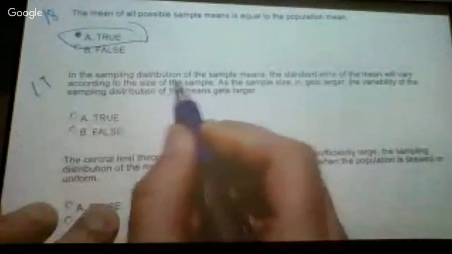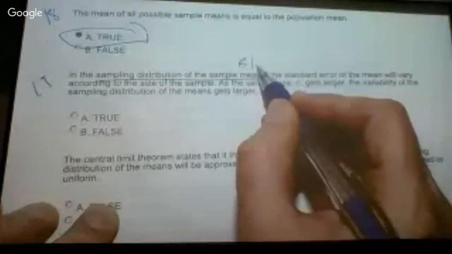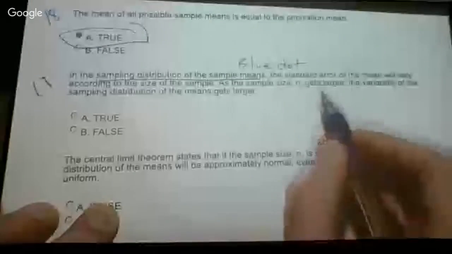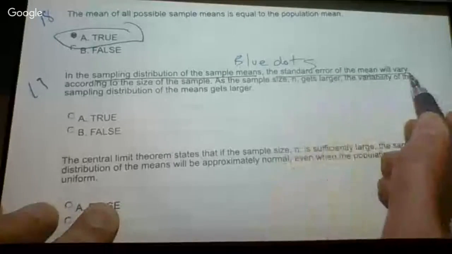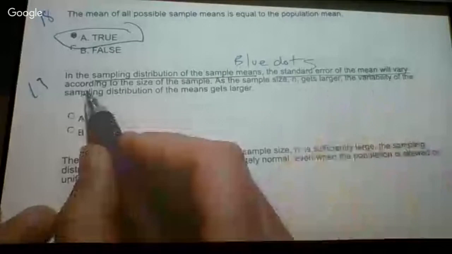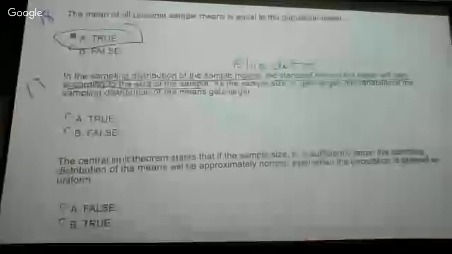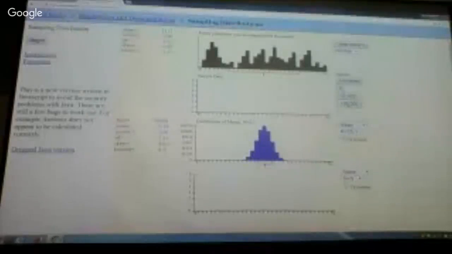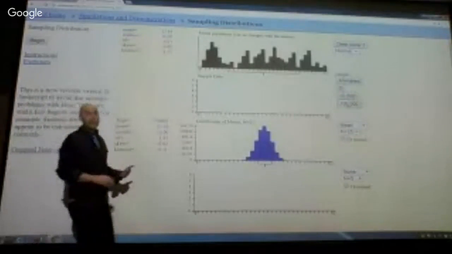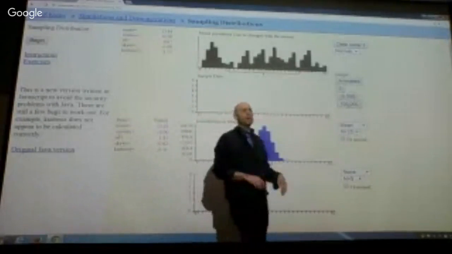19. In the sampling distribution of the sample means, blue dots, the standard error of the mean will vary according to the size of the sample. By the way, how do you calculate standard error?